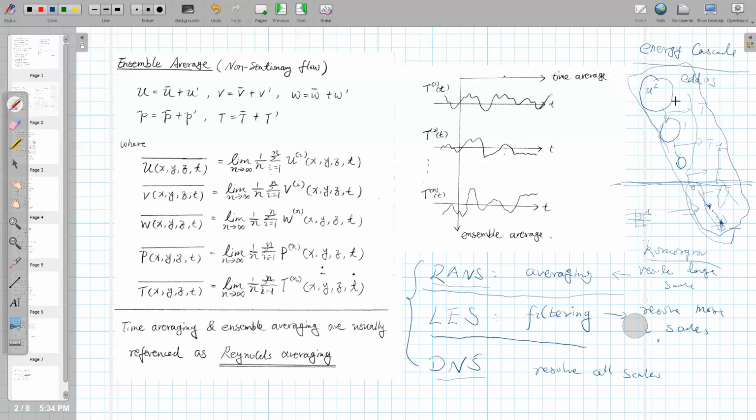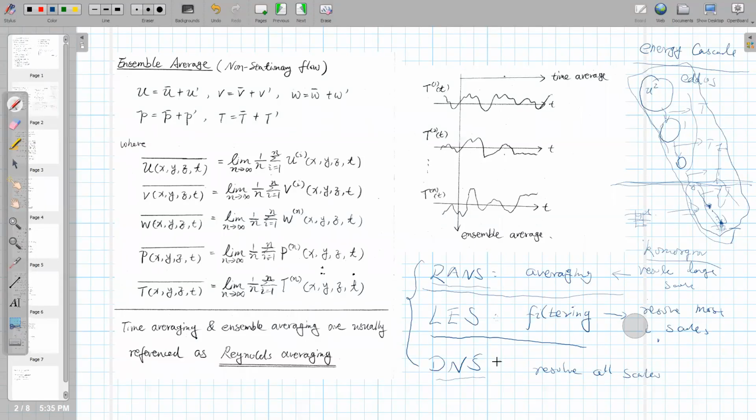When you do the averaging, this is the large eddy, okay. So that's the difference between these three. That's why RANS is the easiest way to do, but the result is not accurate. And LES is a little bit more difficult, but the result is better than RANS. And the DNS is the most accurate one, but it will be very expensive to do.